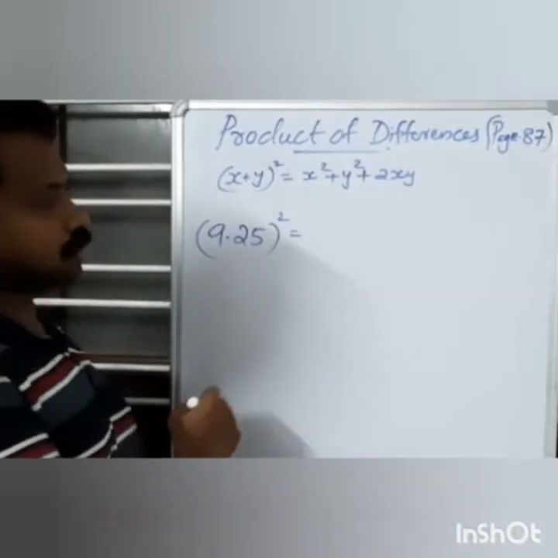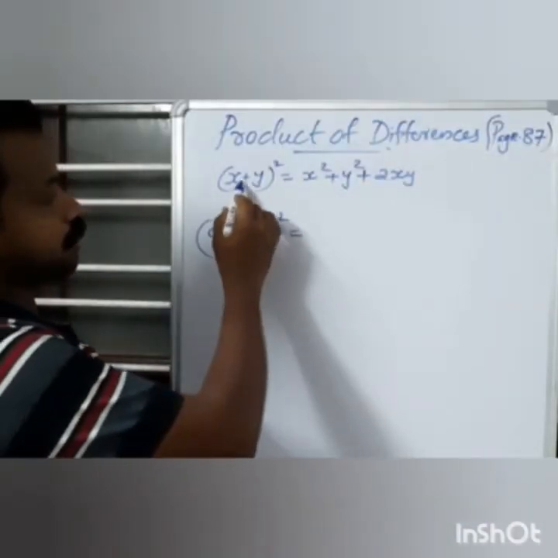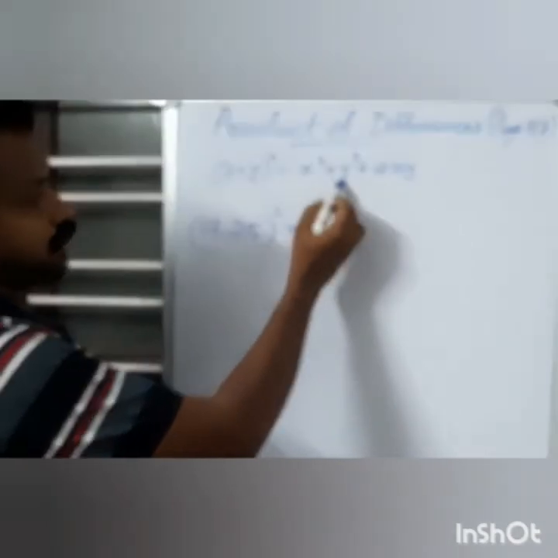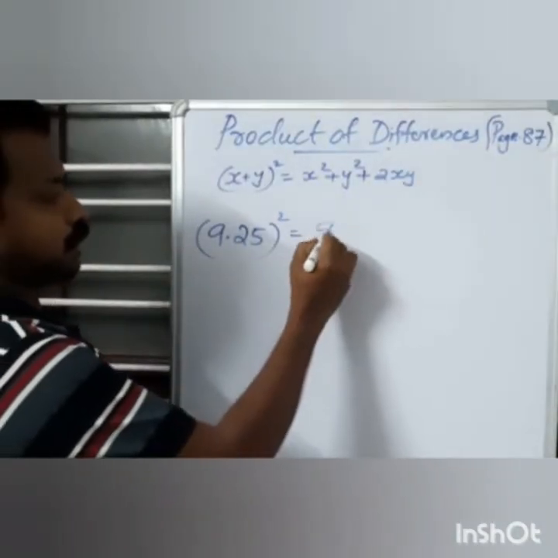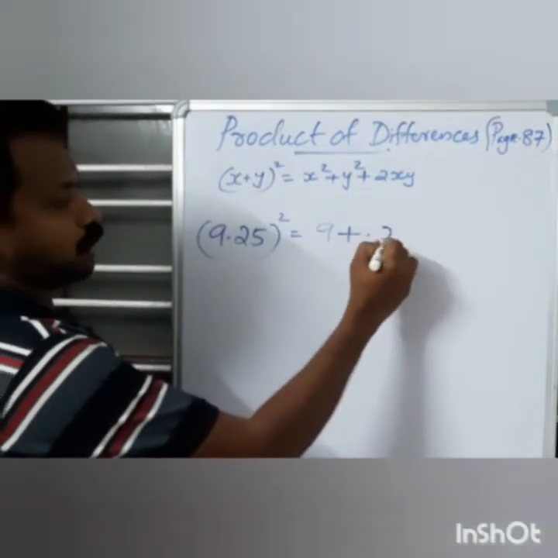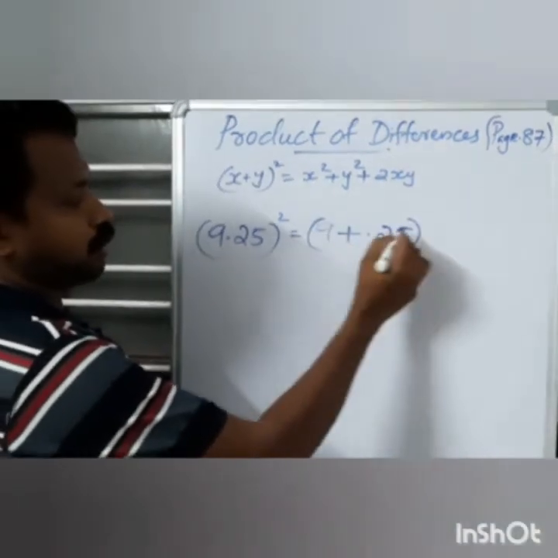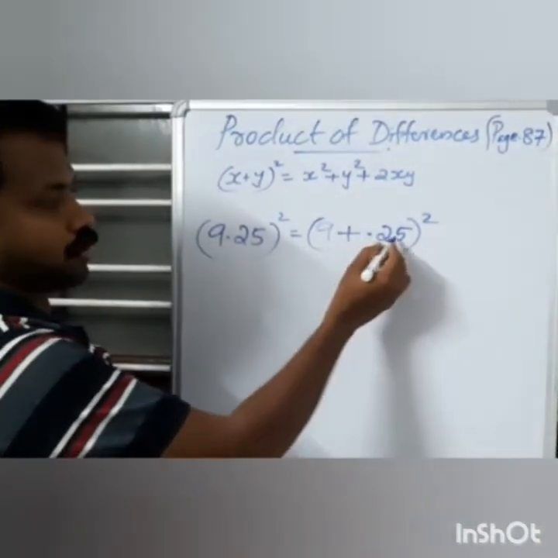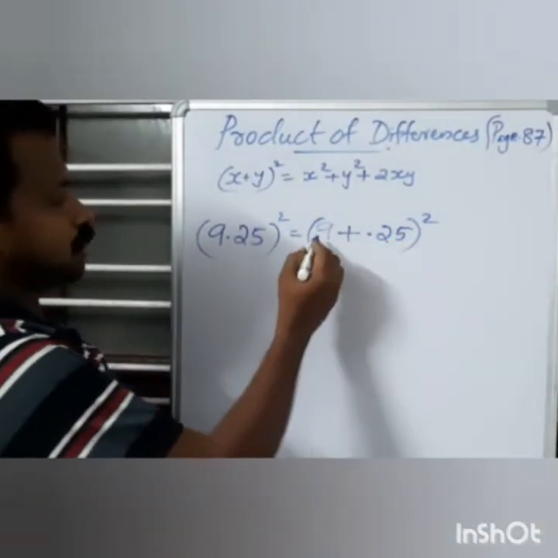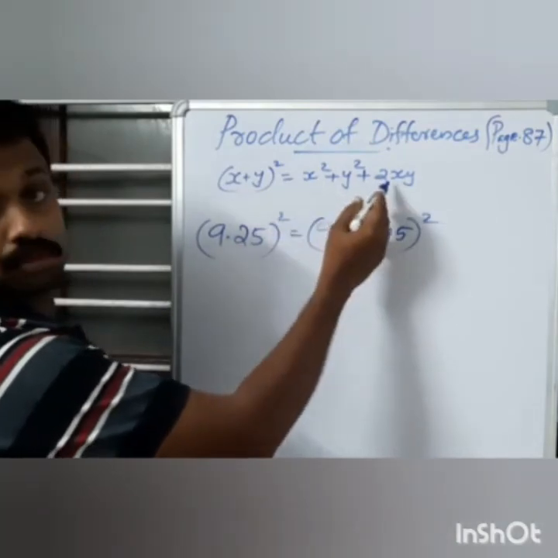9.25 square. So use this identity, x plus y whole square is equal to x square plus y square plus 2xy. So 9.25 can write as 9 plus 0.25 whole square. So 9 plus 0.25 whole square. This is x plus y whole square form.